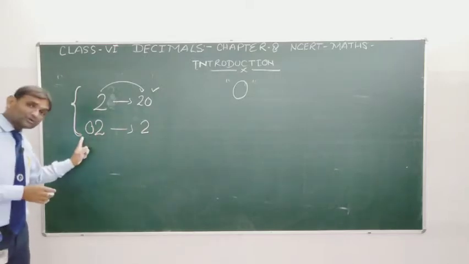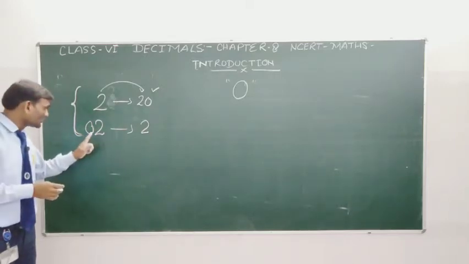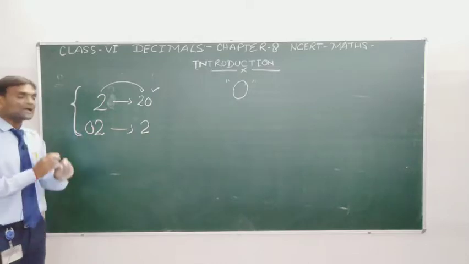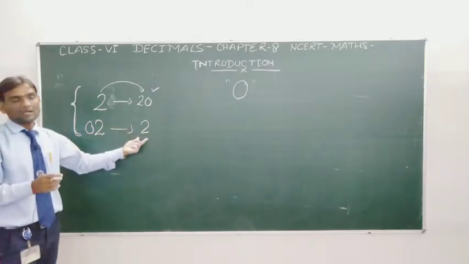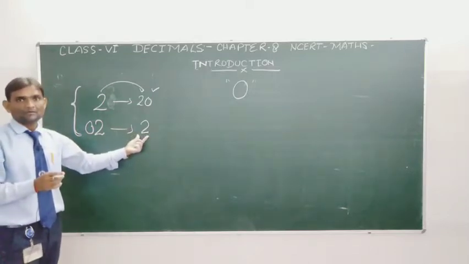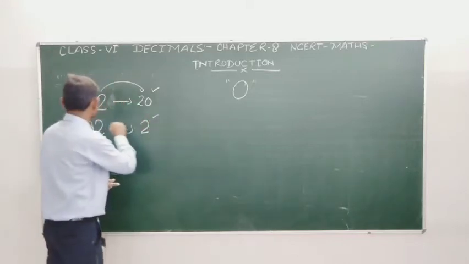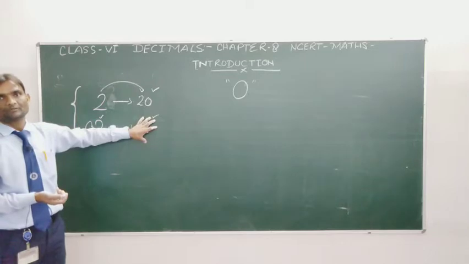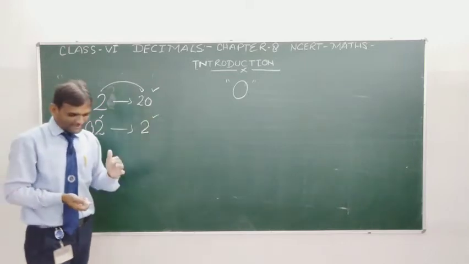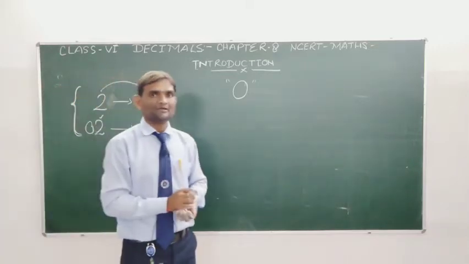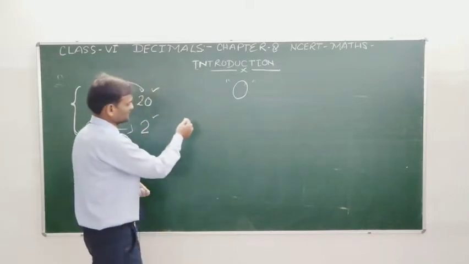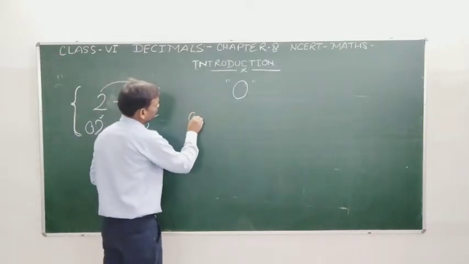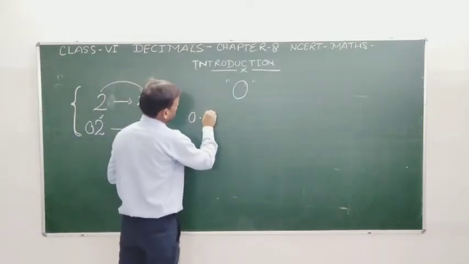But if we write zero before, the value will not be changed. The value will be the same. Both are the same. This is 2 and this is 2. Now we are taking the fractional part. Let's take a fractional number, student. Suppose 0.2.